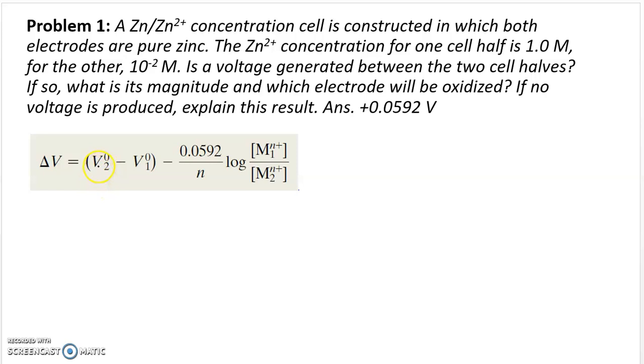In this case, the values of V2 naught and V1 naught are the standard half cell electrode potentials. But since in this case only one metal is there, V2 naught is equal to V1 naught. So these two terms will cancel out in this formula.